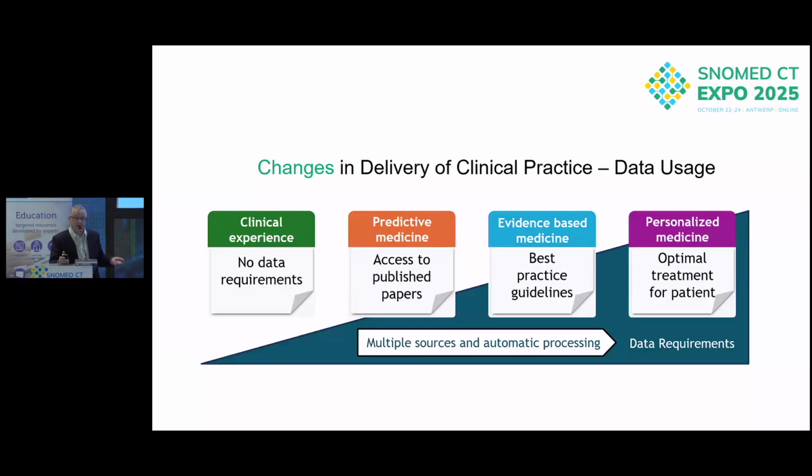But to help with clinical practice, we need to try and use this data. So the more data we have, the more we want to use. And as medicine progresses, to be able to do things like evidence-based medicine, personalized medicine, you're going to have to be able to use that data that's been stored in records.